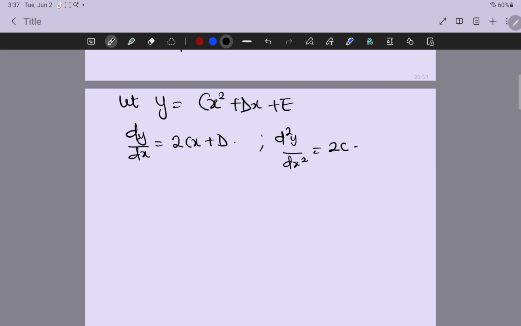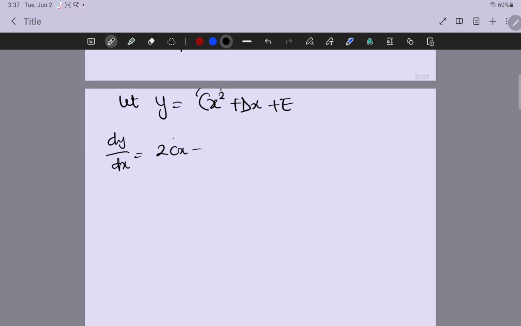Some of you may be asking me, how was this possible? So let's do that so that you can get that clear. Let's differentiate. What is dy over dx? If you bring this down, this becomes 2cx plus d. Now let's differentiate again. d squared y over dx squared will be 2c. Do you understand?